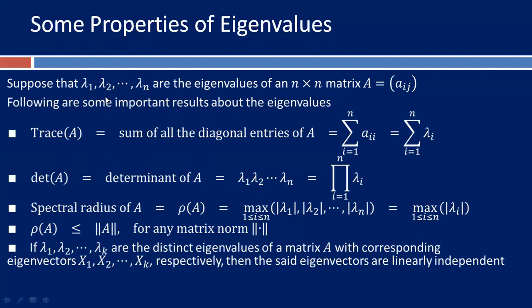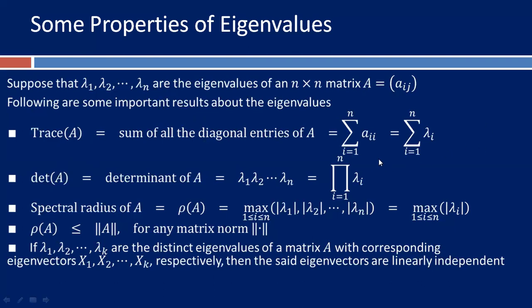Here we discuss some properties of eigenvalues. Suppose that lambda 1, lambda 2, and so on up to lambda n are the eigenvalues of an n cross n matrix A, where A is equal to Aij. Following are some important results about the eigenvalues. Trace of A means the sum of all the diagonal entries.